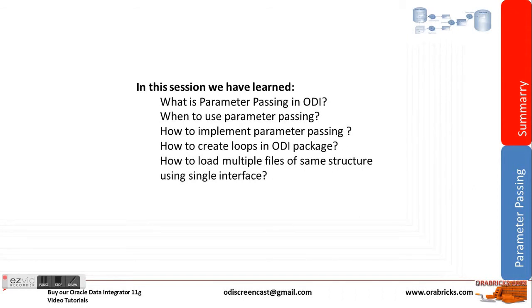In the next session we are going to discuss the implementation steps: how to implement this parameter passing mechanism, how to create loops in an ODI package, and how to load multiple files of the same structure using a single interface.